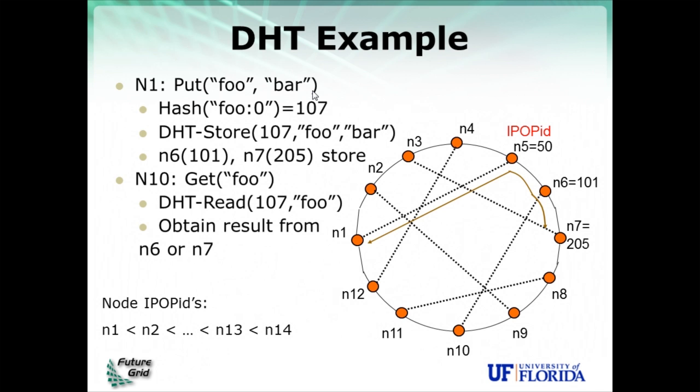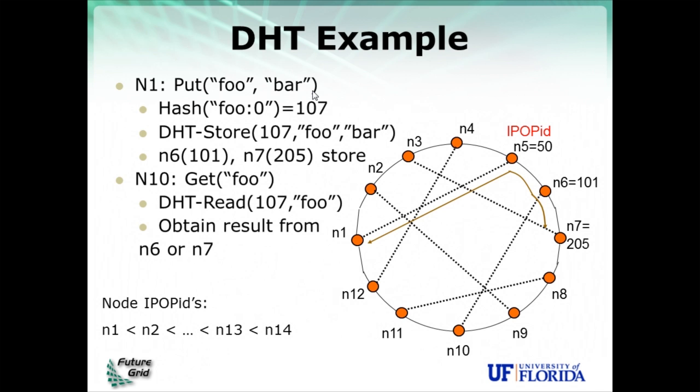Now there's no node in this network that has exactly the value 107, so storing that value bar associated with the key foo ends up being a message that is delivered to both neighbors of this value 107, which in this example would be N6, which has ID 101, and N7 has ID 205.